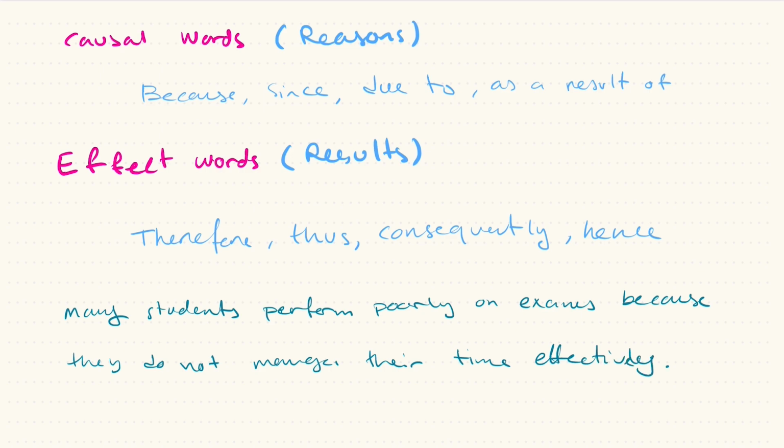Let me highlight this because. So, for example, you can say the first part of this sentence, many students perform poorly on exams. It's a complete sentence. You can finish that sentence and start another one and say, because they do not manage their time effectively.